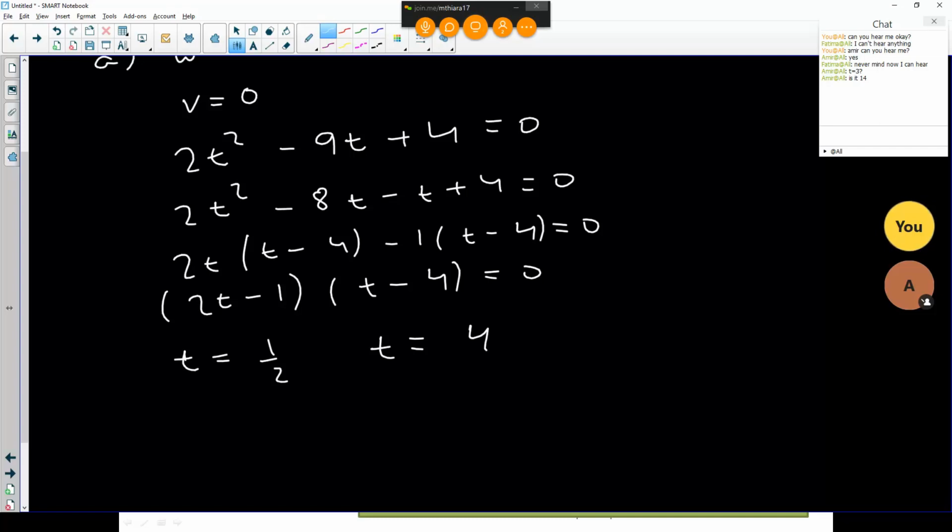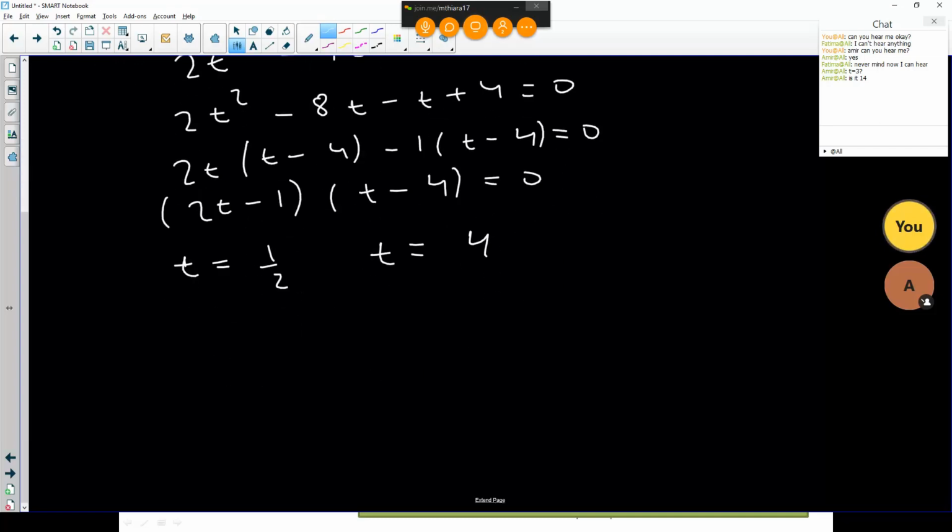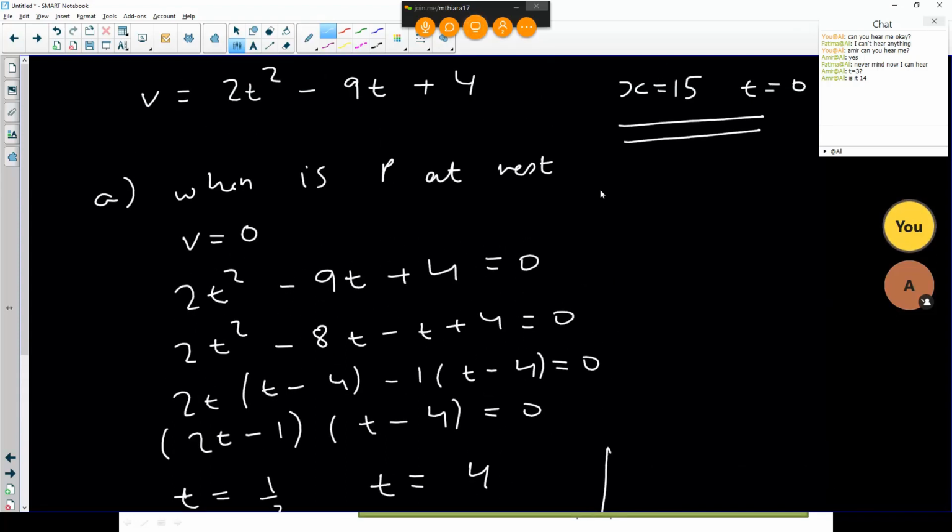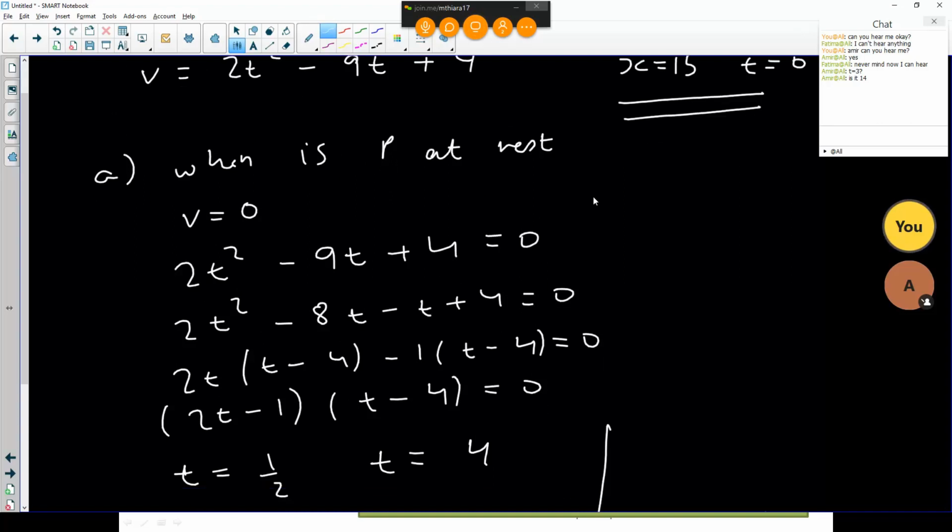So my velocity time graph looks something like this: there's a half, there's 4, it's a quadratic. At time t equals 0, the velocity is equal to 4.